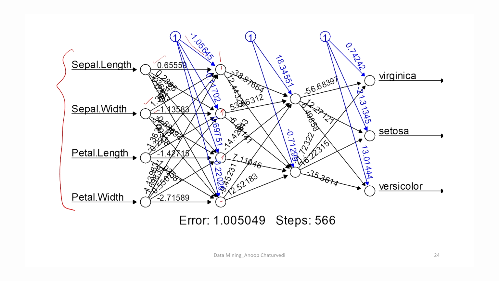This is the weight corresponding to the bias term, and then in the second hidden layer you have 2 nodes and the corresponding weights are given, and finally it classifies the flowers into one of the 3 classes. So, in all we have 3 classes: Virginica, Setosa and Versicolor. This is the error, and the number of steps required is 566.